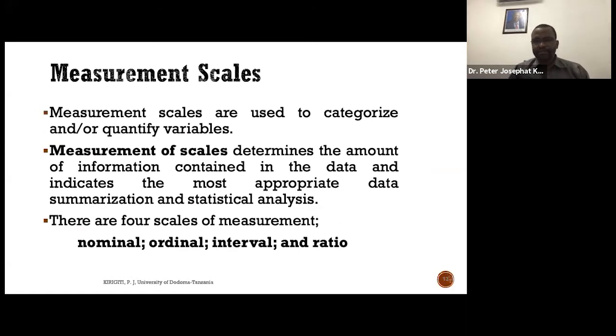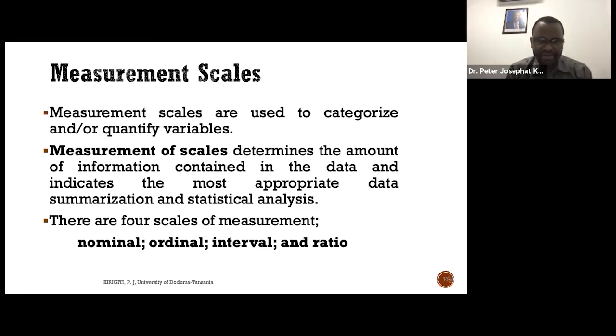So maybe a little bit above there, we have discussed the measurement of scale. Maybe quickly, we can go through it and see what exactly we mean when we say the measurement of scale. Basically, we have 4 types of measurement of scale: nominal, ordinal, interval, and ratio.